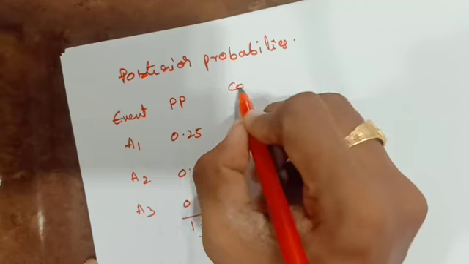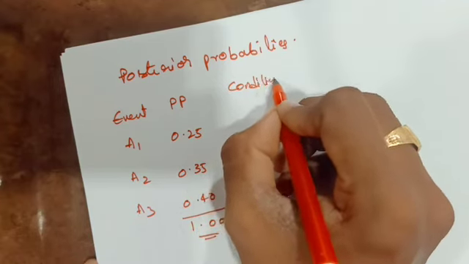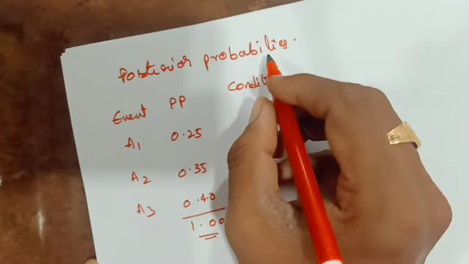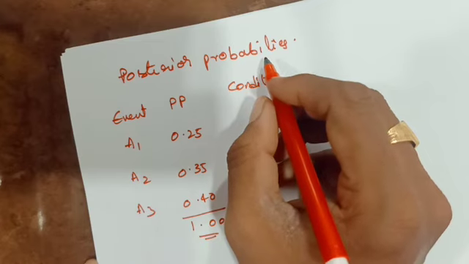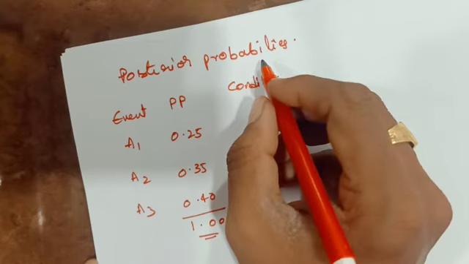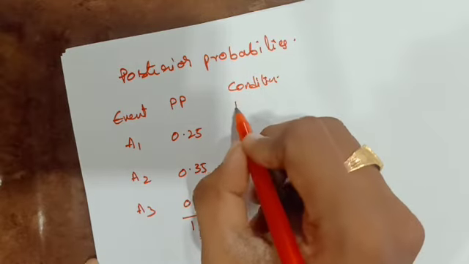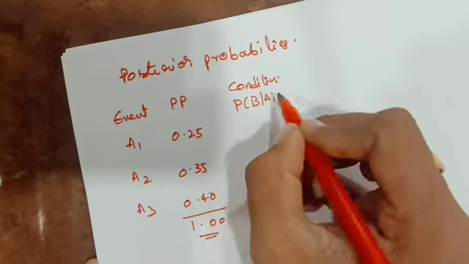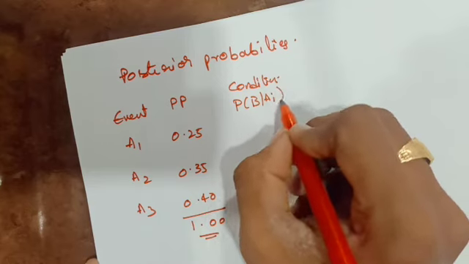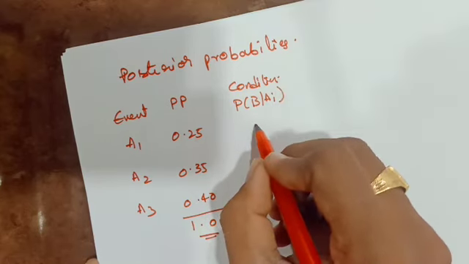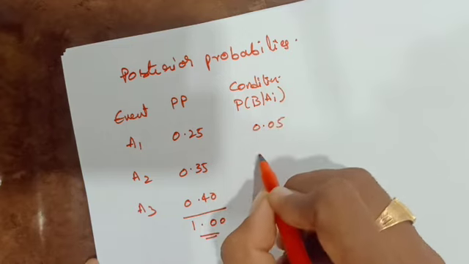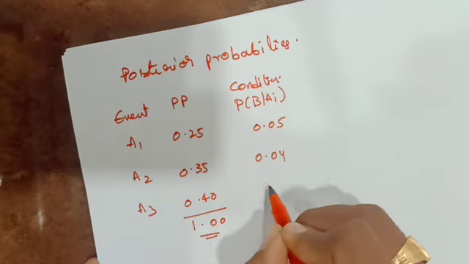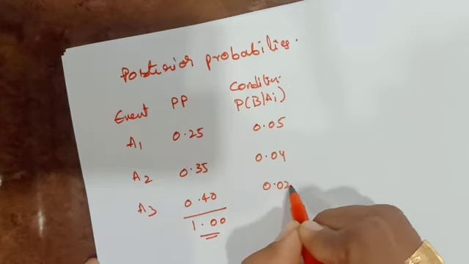Next we have the conditional probability, which is drawing a defective bolt based on event A: 5%, 4% and 2%, so 0.05, 0.04 and 0.02.